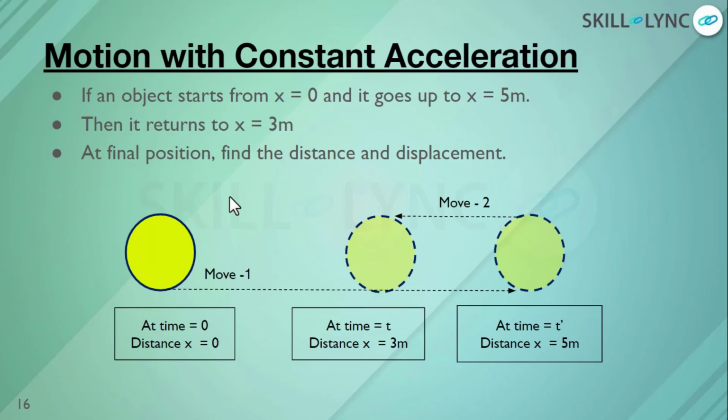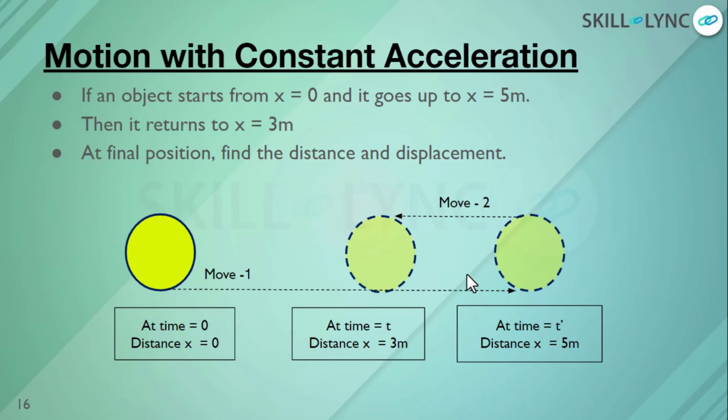Getting further, we need to first understand the difference between distance and displacement. Let's consider an object, that is a ball, that does two movements. The first movement would be from here to this point. The second movement would be from this point to return back.